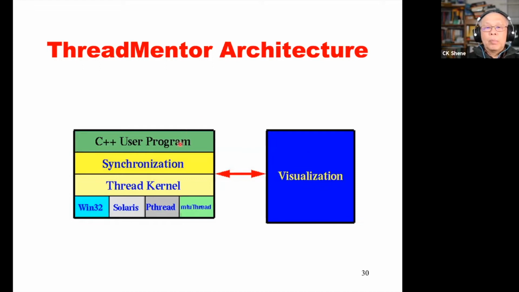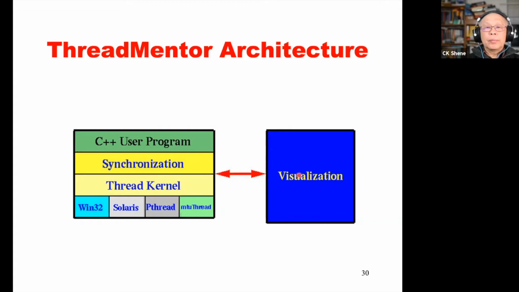So when your program starts to run, due to the mechanism implicitly built into ThreadMentor, the visualization system will be brought up running in a different process. So when there is any synchronization activity or thread management activity happening in your program, the ThreadMentor class library communicates with the visualization system.